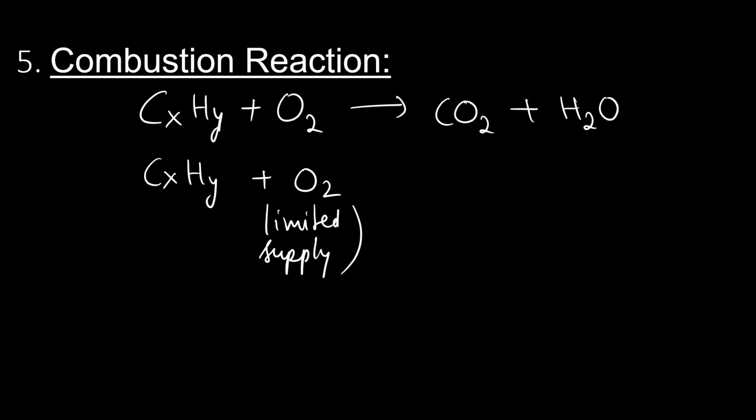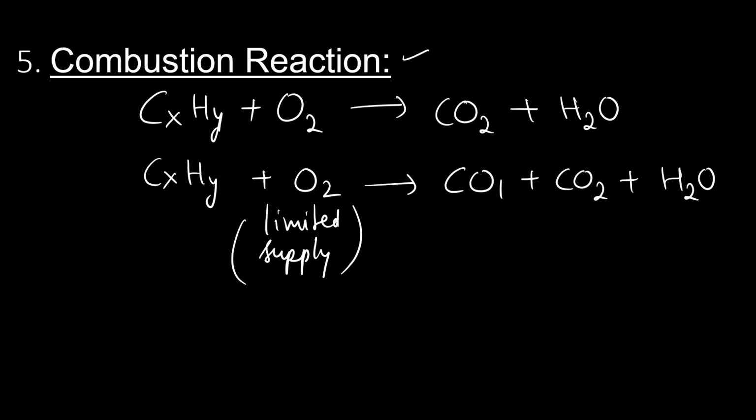With controlled or limited oxygen, we can get carbon monoxide along with carbon dioxide and water. In general, whenever we talk about the combustion reaction, we mean the complete supply of oxygen, where we get carbon dioxide and water only.